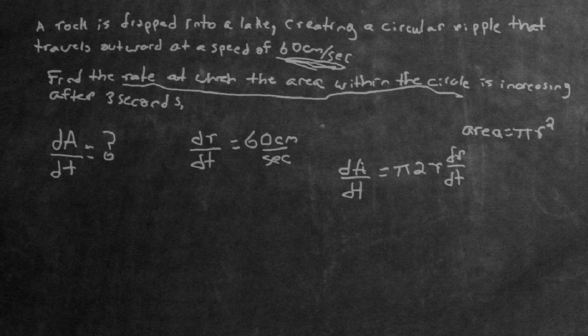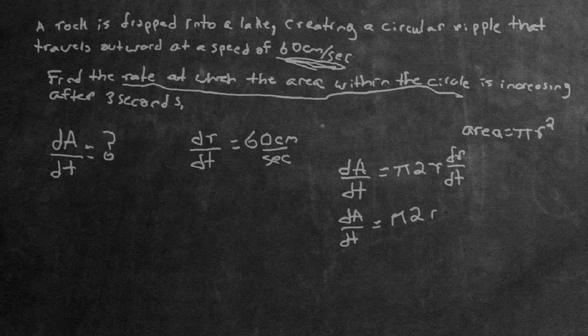Now the next thing we want to do is solve for dA/dt, because that's what we want in the question. So we do know the value of dr/dt. It's right over here. It's 60 centimeters a second. Therefore we just plug that in, and we get dA/dt equaling pi 2 r, and then the rate.